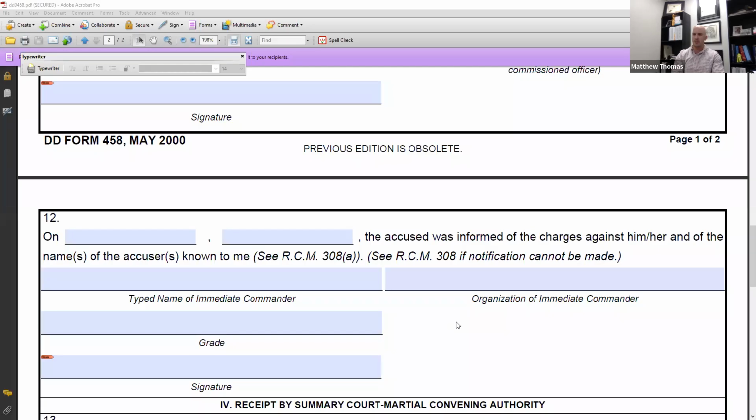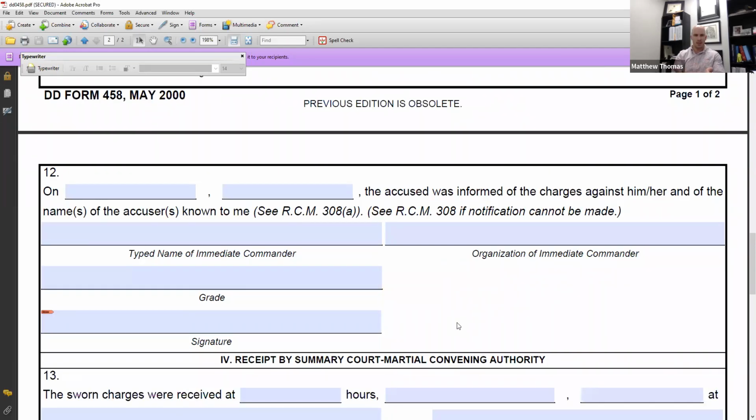And Patrick, I just flipped over to the charge sheet that I have in front of me. When you go over to block 12, it says that the accused has to be informed of the charges being presented against him. Are there implications to the timing of when the accused was informed? Generally, they're not. They're supposed to be informed as soon as practicable.